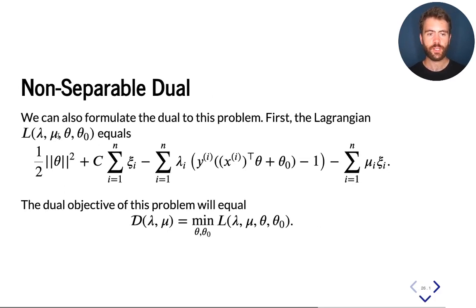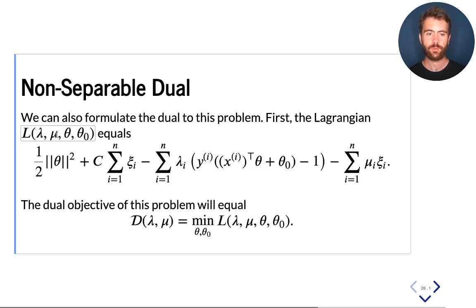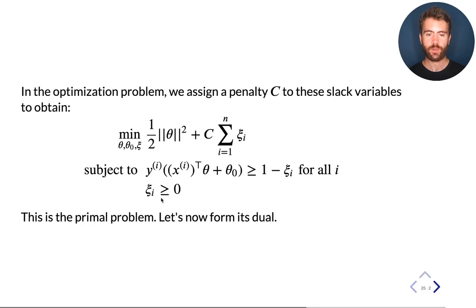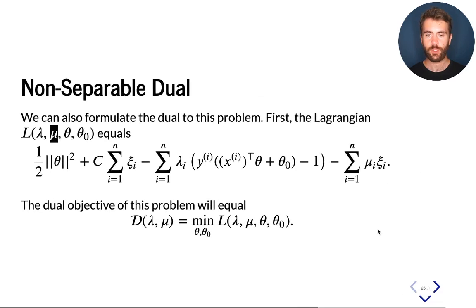Our Lagrangian now has two sets of dual variables, lambda and mu. The reason we have the mu is that we now have an additional set of constraints, xi_i ≥ 0, for each i.